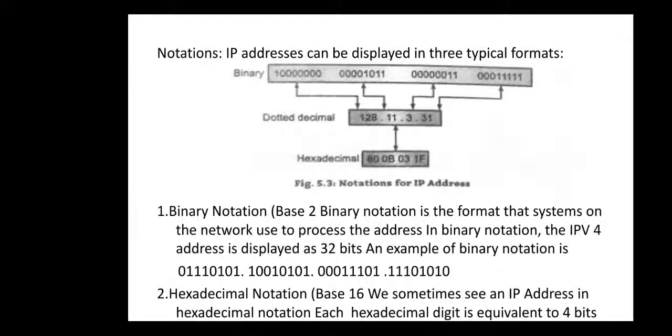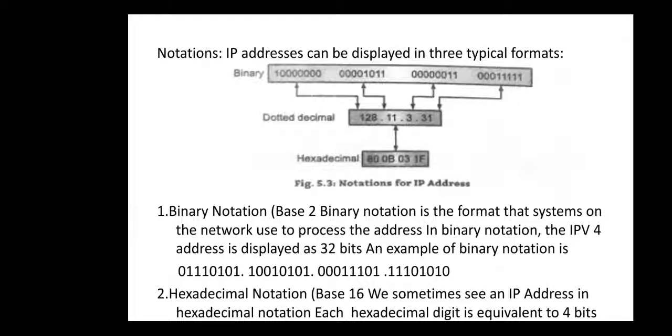Then 0, 0, 0 and 1, that is 2 raised to 0, 2 raised to 1, 2 raised to 2, 2 raised to 3. 2 raised to 3 is 8 and the remaining 4 are zeros, so 80. Then consider 11. 11's binary is 0, 0, 0, 0, 1, 0, 1, 1. Now divide it into 2 parts, that is 4 and 4. All zeros, that's why here is 0, and then 1, 0, 1, 1.